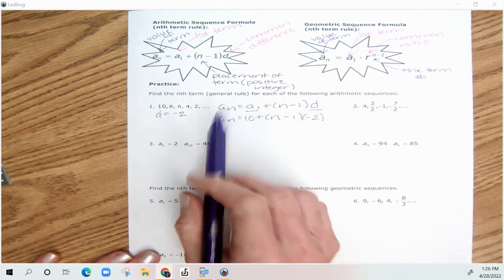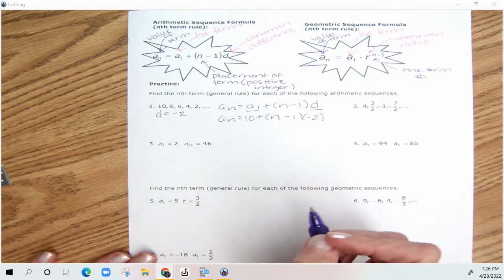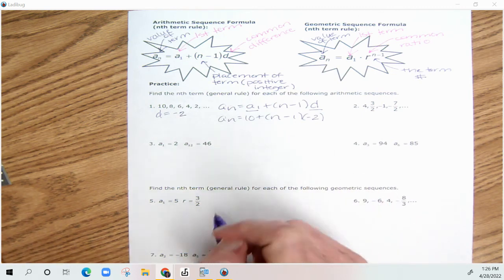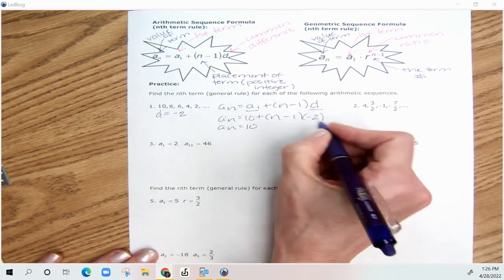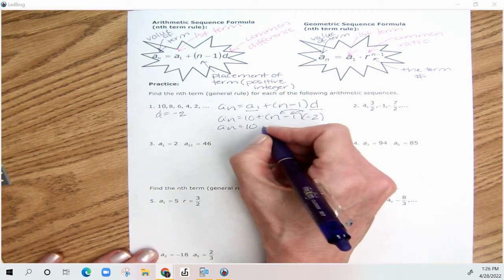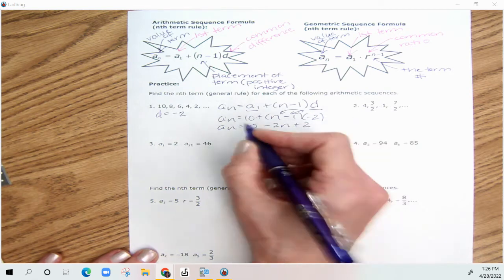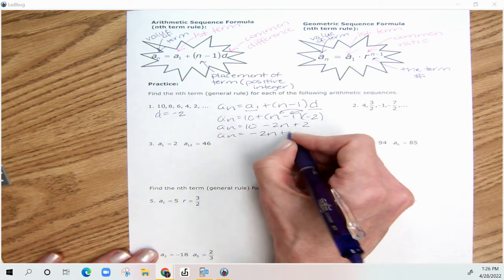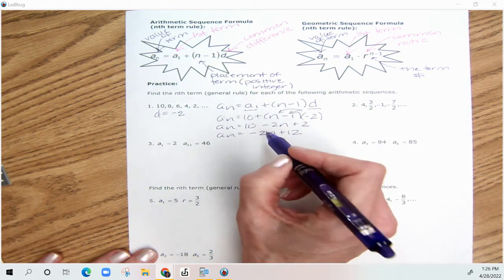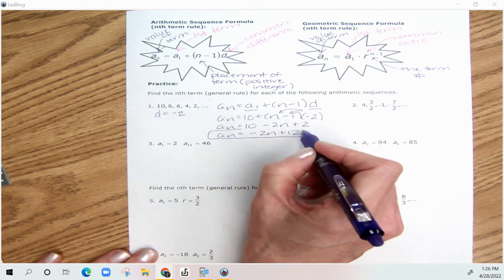Then we just want to clean this up to make a formula for this specific sequence. So you would distribute the negative 2, and then combine like terms. So your general rule for this one would be negative 2n plus 12 would generate a sub n.